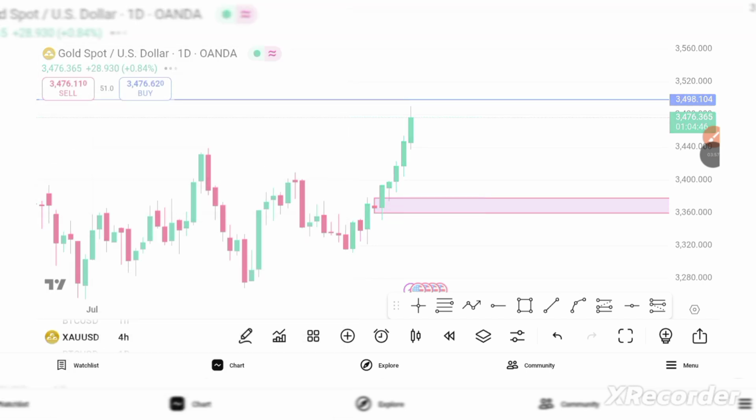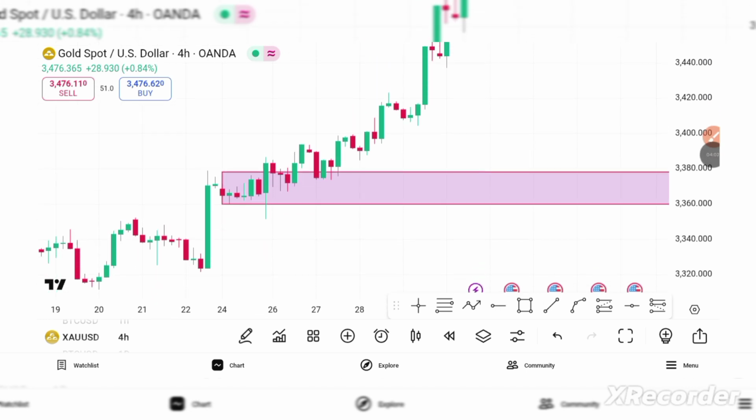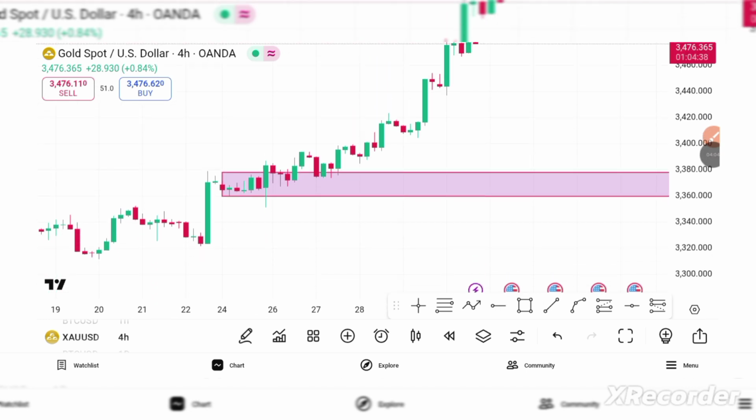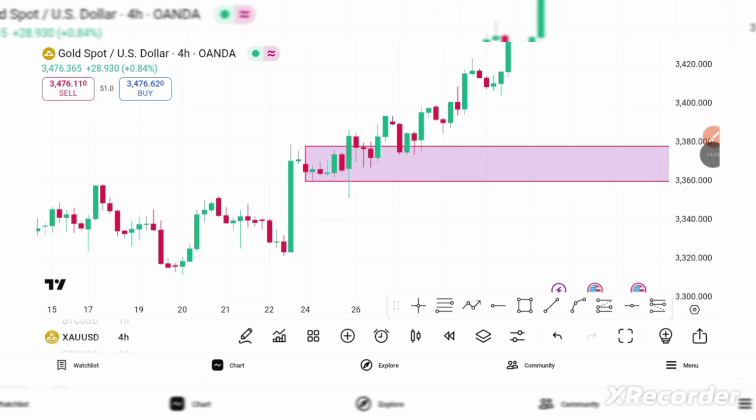But over here, if we zoom to the 4-hour time frame, you will see that price has already filled all the gap and has already traded into this zone.